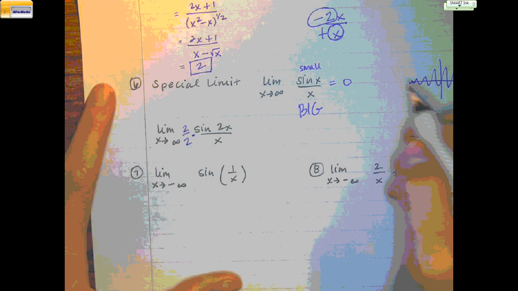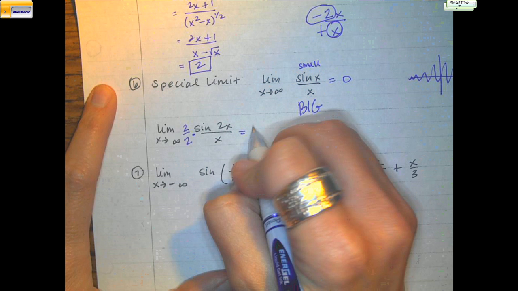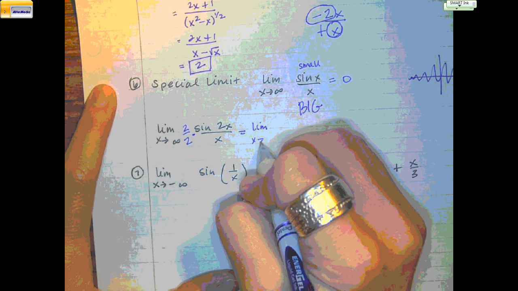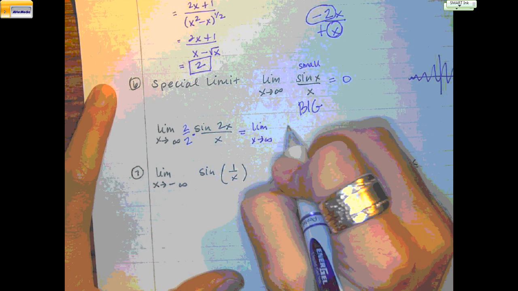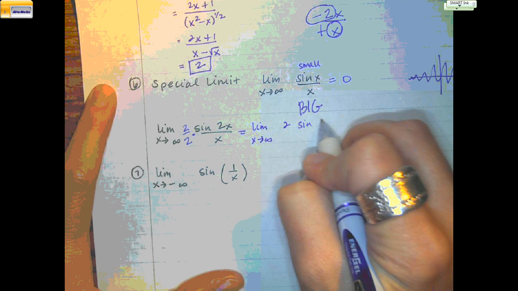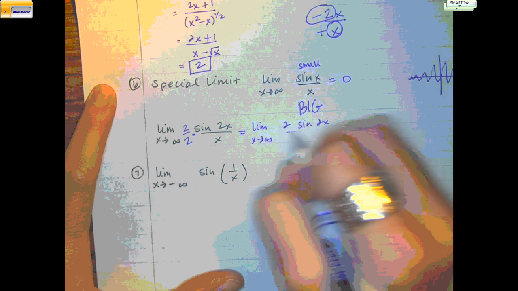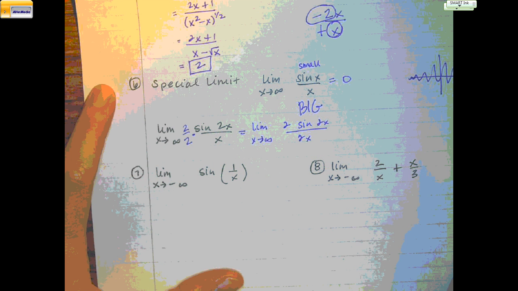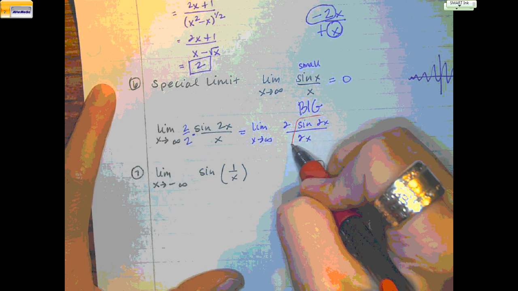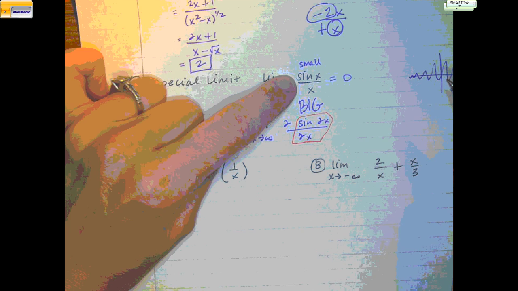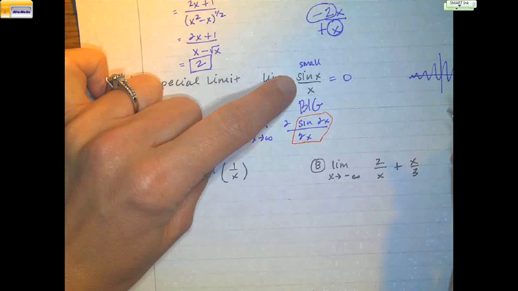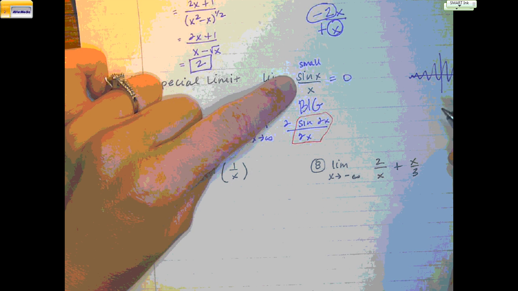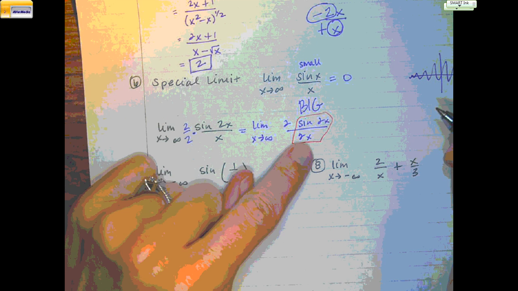When we do that, we get the limit as x approaches infinity of 2 times sine of 2x over 2 times x. Now this looks like this guy, and we know the limit as we approach infinity for that is 0. So I have 2 times 0, which is 0.